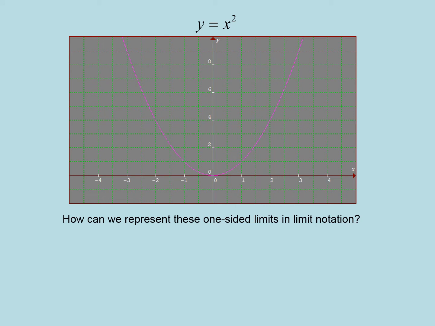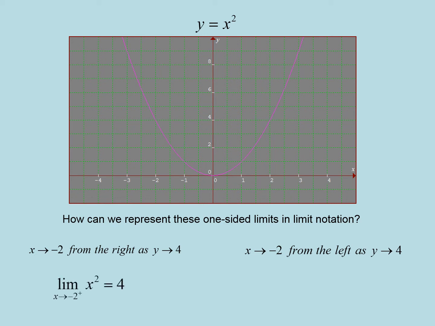How can we represent a one-sided limit? To write a one-sided limit to represent x approaches -2 from the right as y approaches 4, and x approaches -2 from the left as y approaches 4, would be written like this.